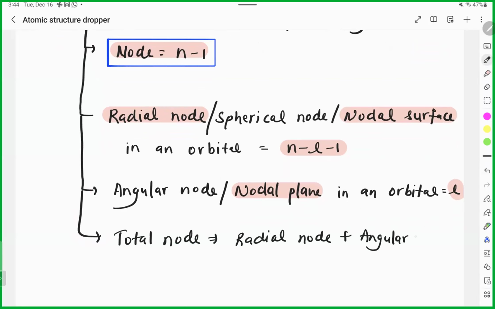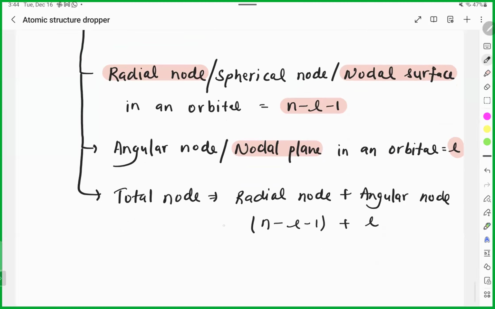The radial number is n minus L minus 1, plus the angular node, L. What is their addition, guys? Sir, n minus 1. N minus 1. Okay. An interesting thing is you got this question in 2025 NEET also. Yes, sir.